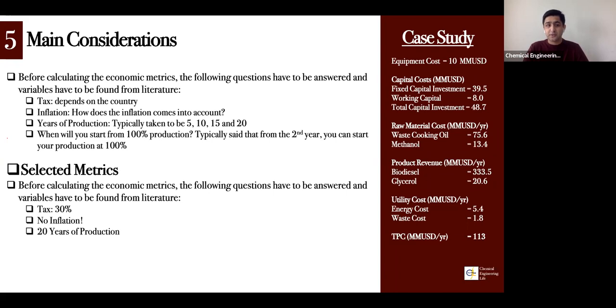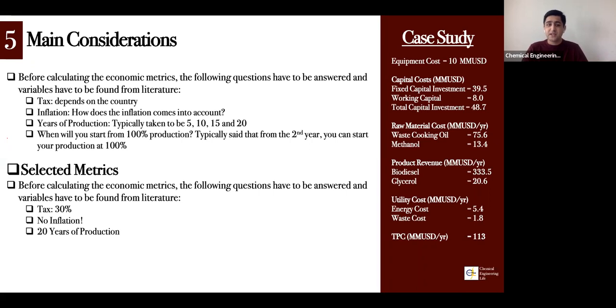Something that we saw during this COVID crisis, for example, is that inflation has skyrocketed, because inflation is directly dependent on different international political instability, and so on. So therefore, it can get slightly difficult to find a value that you want to use.